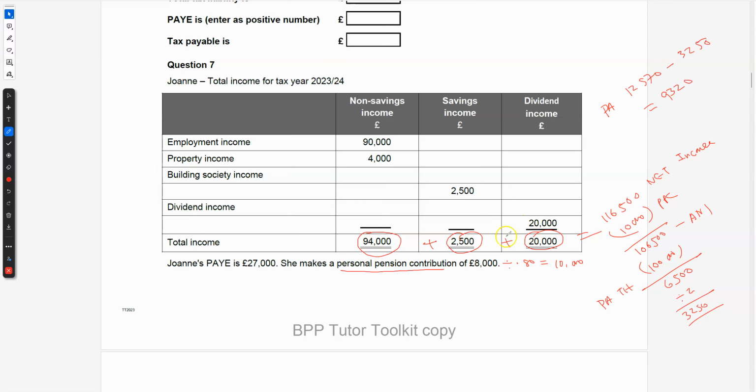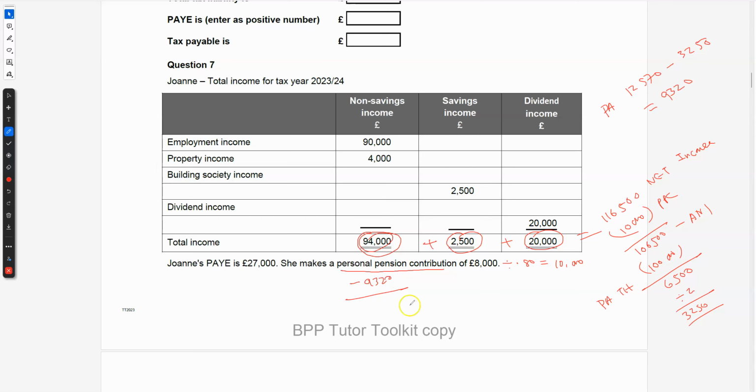All right, so here when you have an income, of course, this personal allowance will be deducted from the non-saving first, because we have 94,000, and from the 94 I'm going to minus my personal allowance, that is 9,320. As I mentioned before, the personal allowance always needs to be deducted from the non-saving income first, because we don't have any allowance on the non-saving.